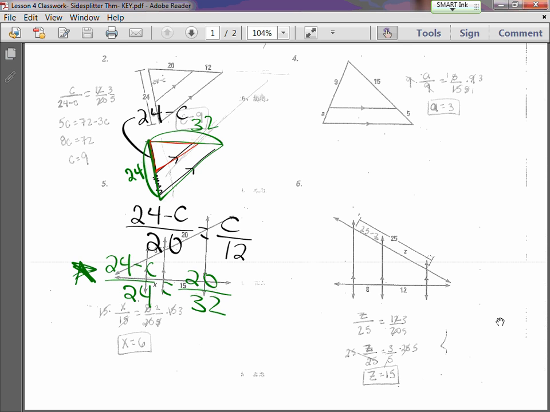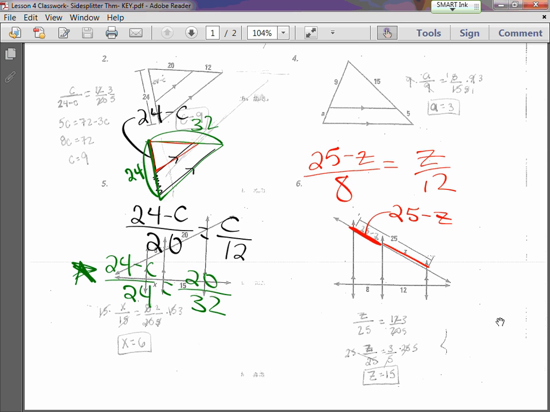So if the whole thing is 25 and this is Z, then my remaining piece here would be 25 minus Z. So when I set up my proportion, let me set it up differently than here. So I have 25 minus Z to 8 equals Z, and then you cross multiply. Other questions on number 6 there?